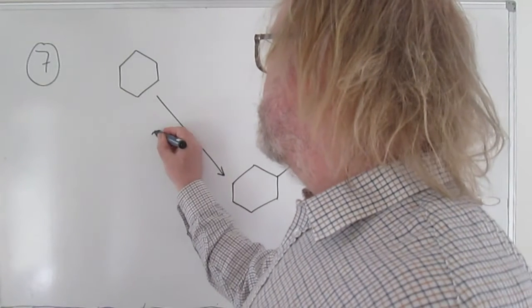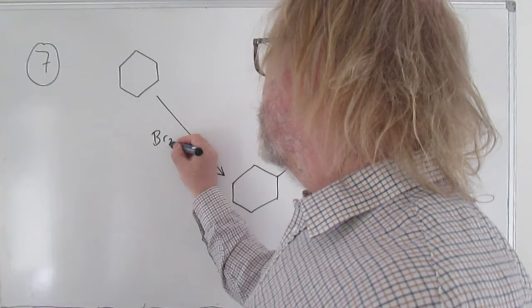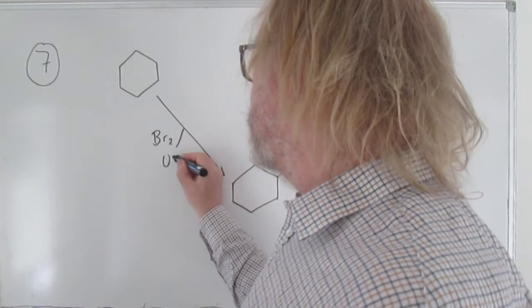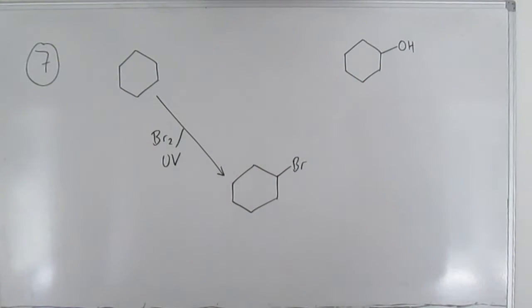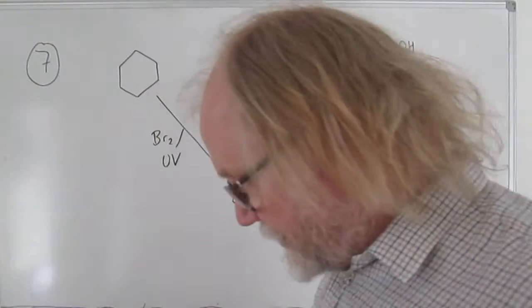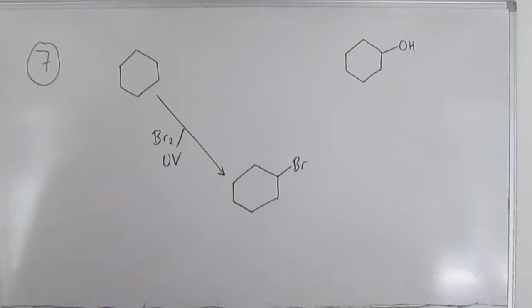So yeah, that's how you do it. The reaction is with bromine in the presence of UV light. Often in questions that will be all they want, but in this case it asked you to write an equation as well. So let's just do that. So remember, it's a substitution reaction.